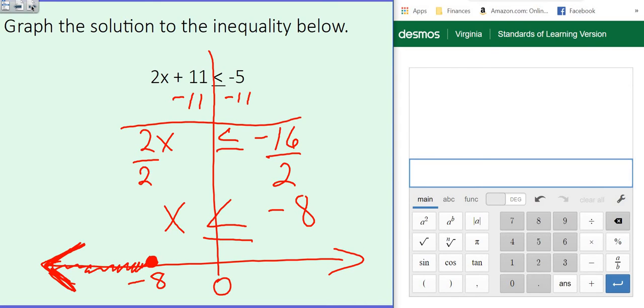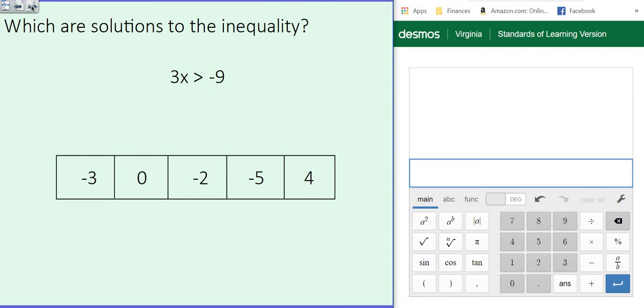Let's go on to our third inequality here. This one is saying which are solutions to this inequality. So please be real careful when you do these because this really causes problems for a lot of people. 3 times x is greater than negative 9. I'm dividing by a positive 3. That means my inequality does not flip. I'm going to use my calculator.